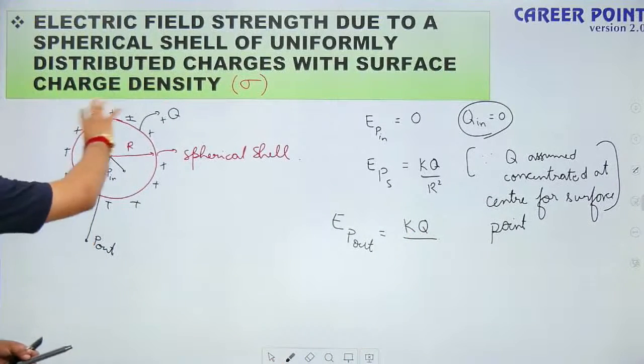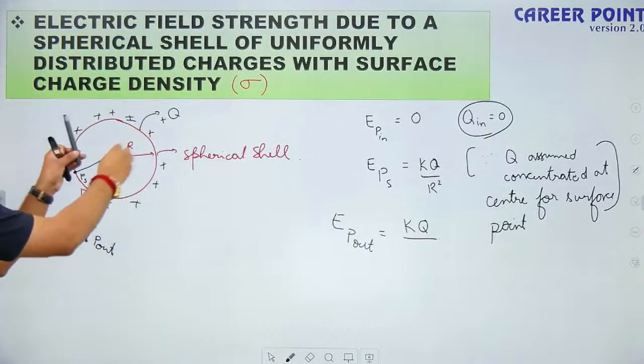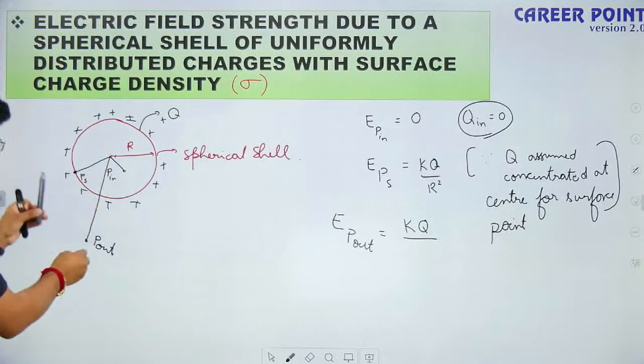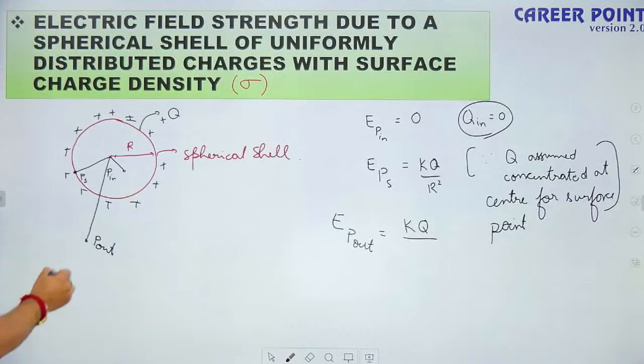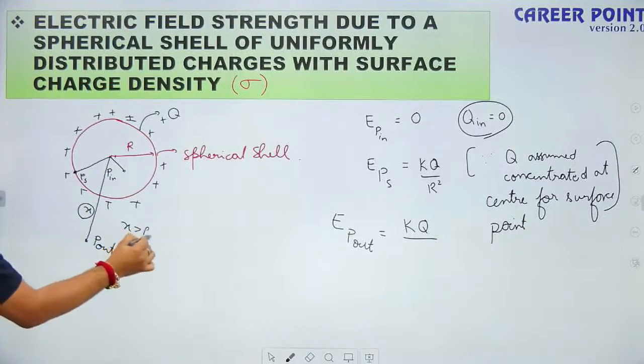The whole charge on the surface of this spherical shell will be assumed concentrated at the center. So for P out, what will be the distance? Let's see, this is distance x such that x is greater than capital R.